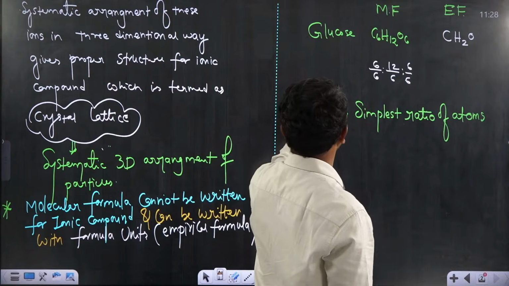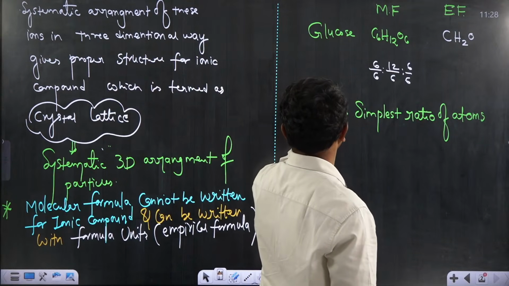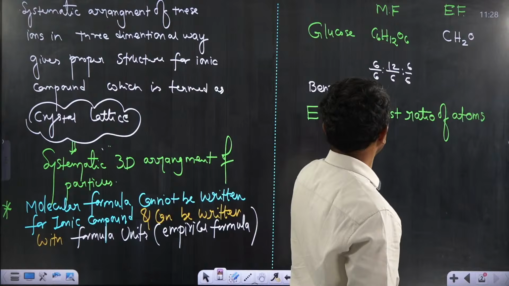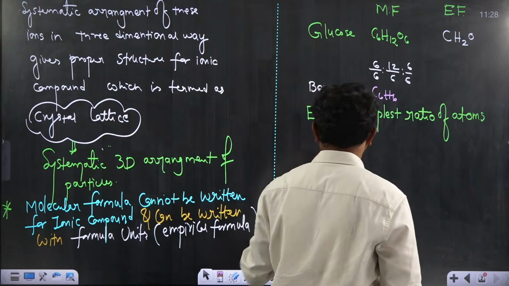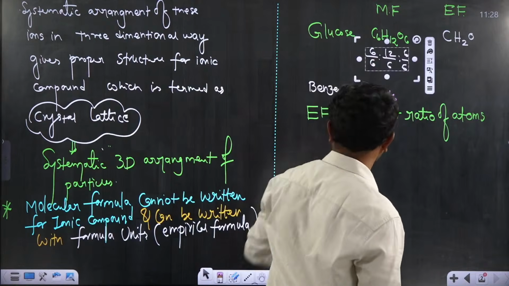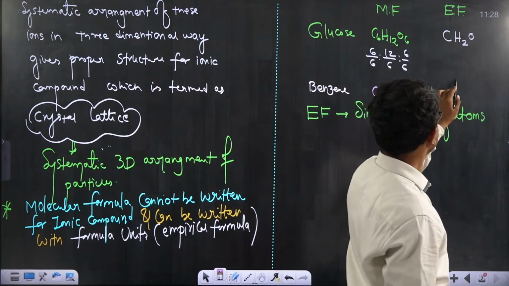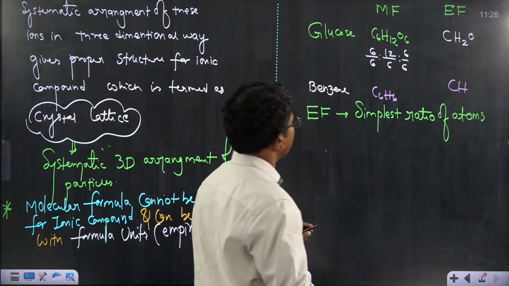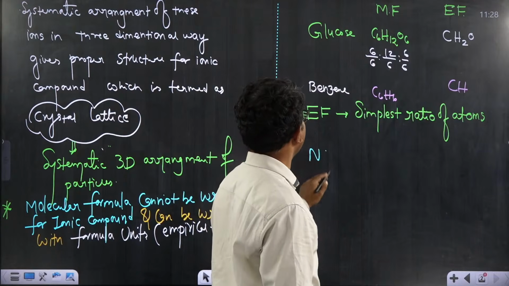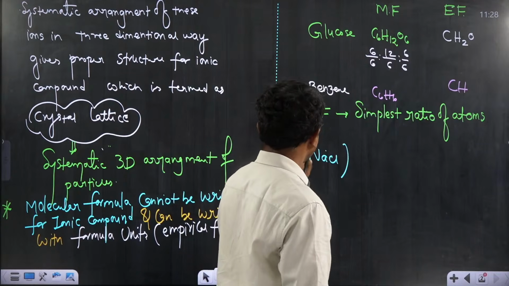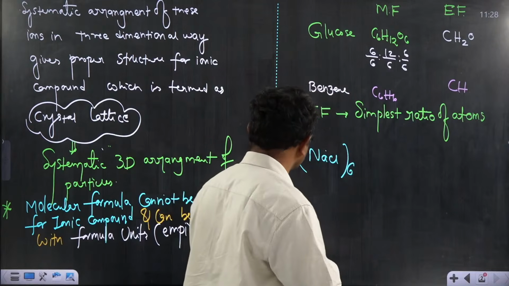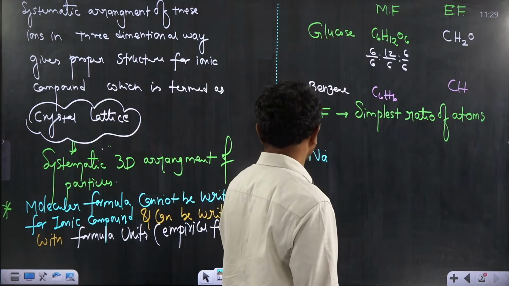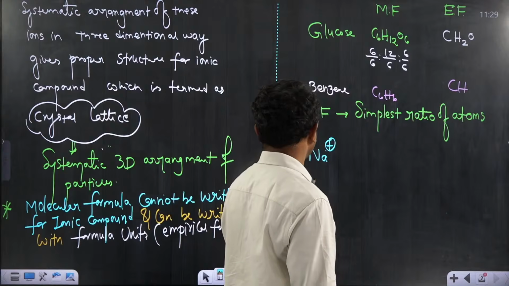And let me take another example, benzene. Its molecular formula is C6H6. What is the empirical formula of benzene? It is CH. Fine. If I am taking the context of sodium chloride, let us assume 6 sodium ions I have and 6 chloride ions I have.